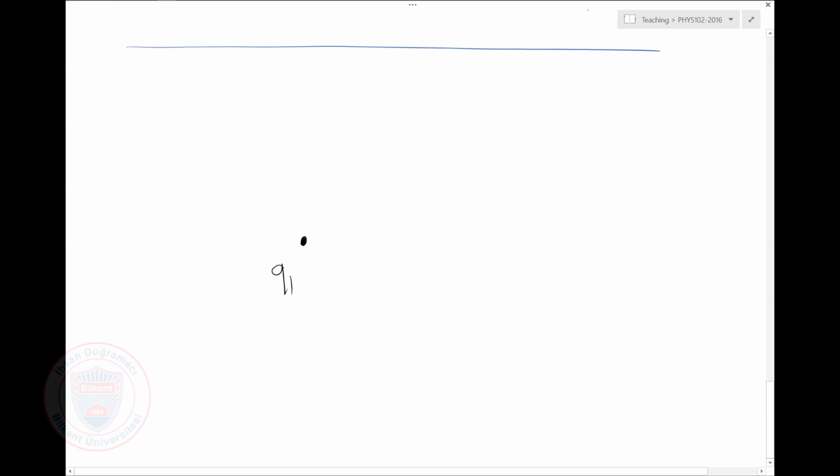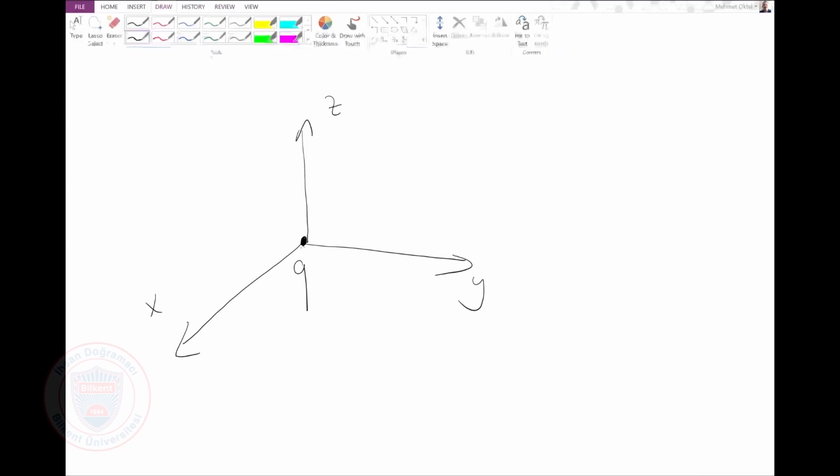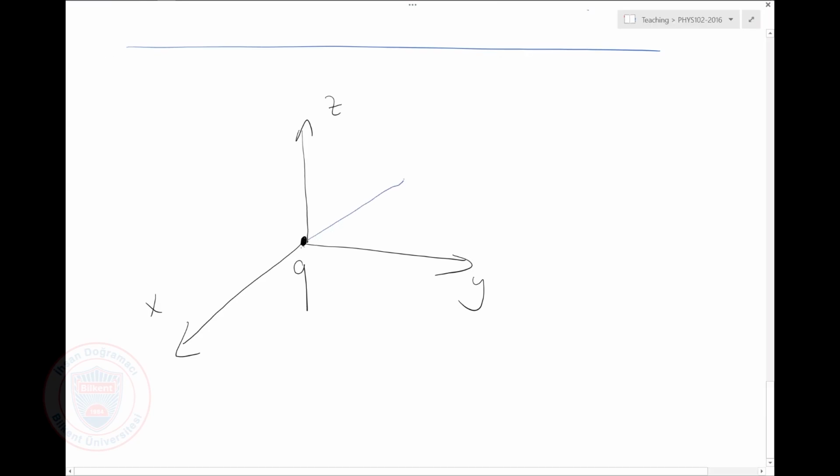If I have a particle Q at the origin of my coordinates, not even Q1, I'll make it Q, at any point X, Y, Z, this will be the radius vector, this will be the unit radius vector.